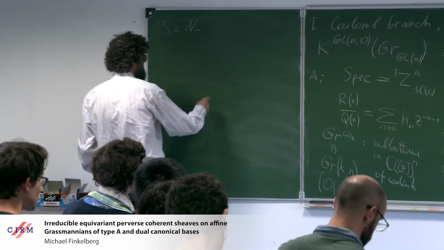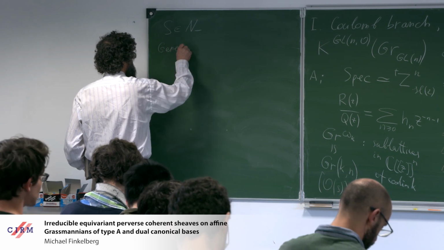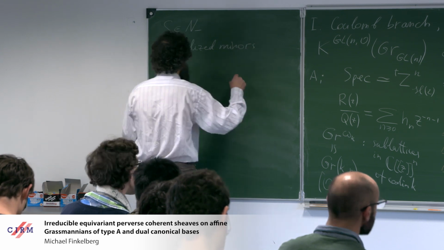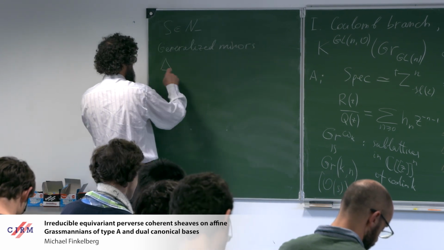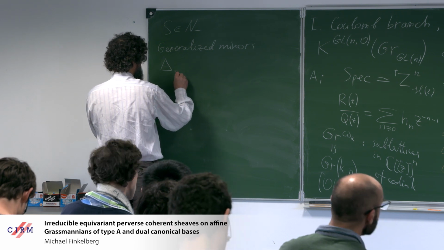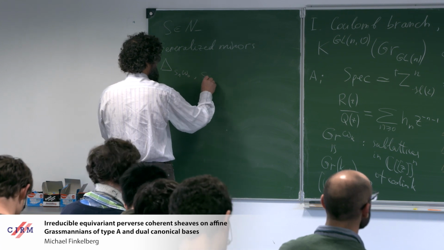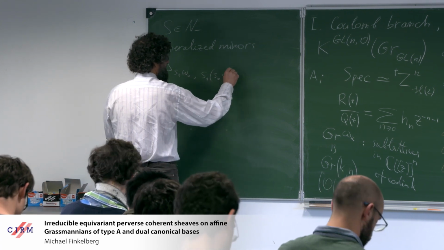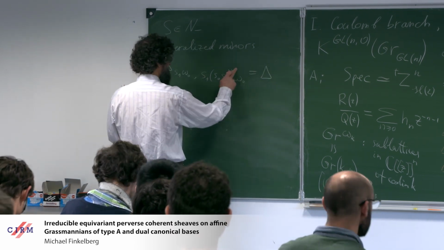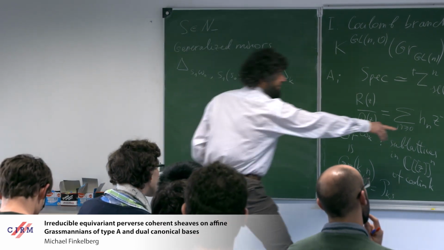And then we just take the generalized minors delta S1 omega naught, delta S1 S0 S1 to the power n omega naught, and this will be delta, sorry, to the power k. This will be delta k from here.